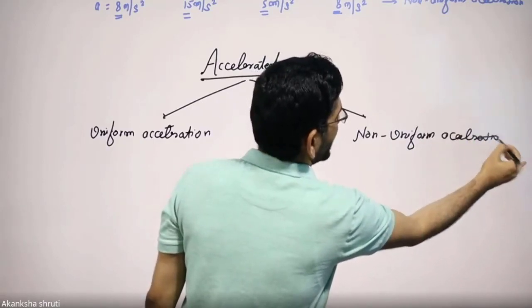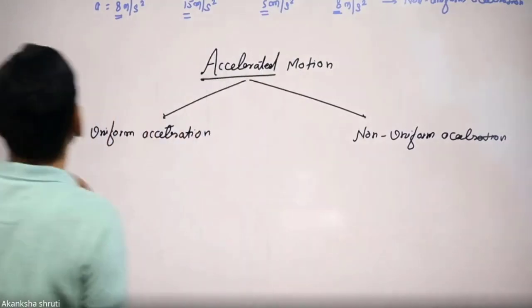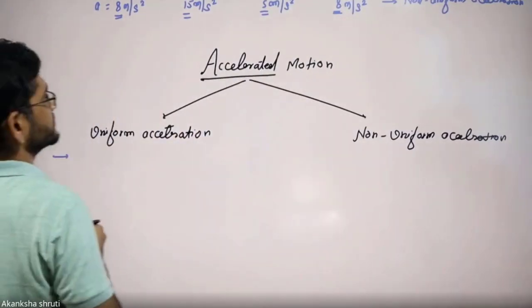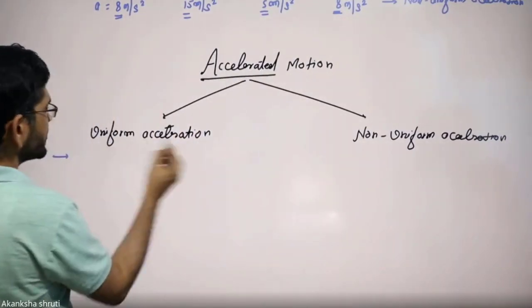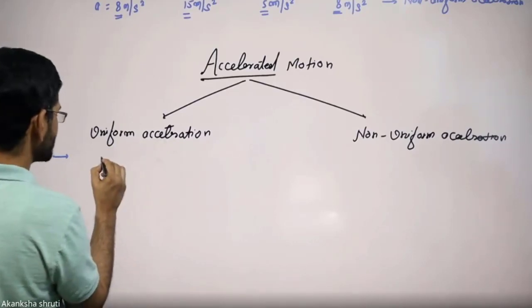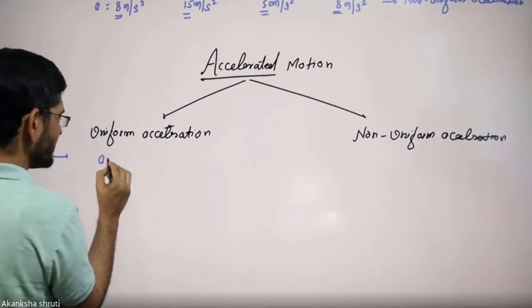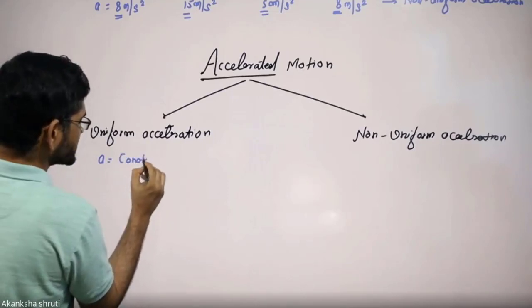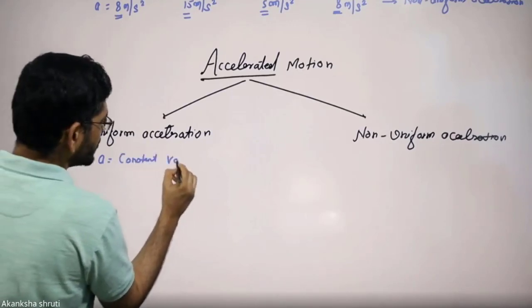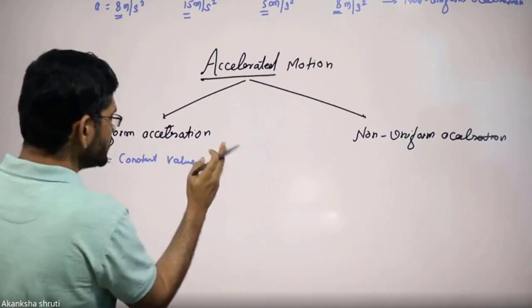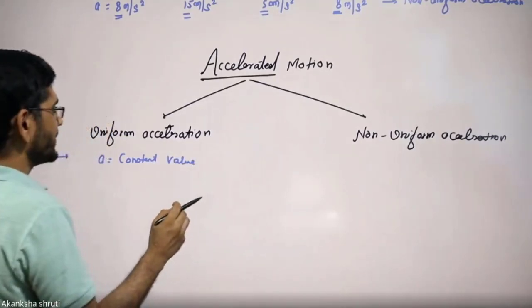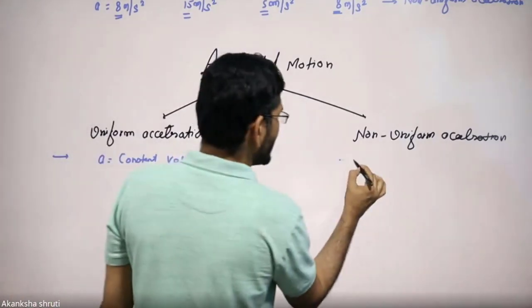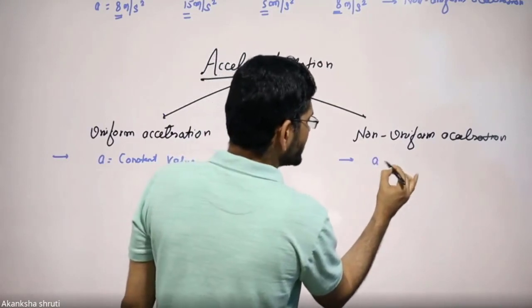So, students, what is this uniform acceleration? We have to write that. Students, uniform acceleration means, the term uniform means something is constant. So acceleration has a constant value throughout the time. But non-uniform acceleration means the quantity is changing.